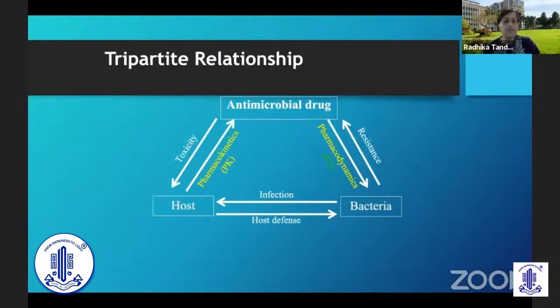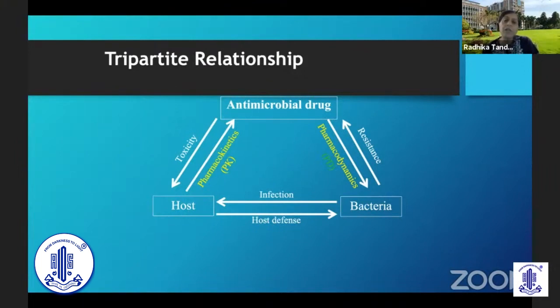So there's basically a tripartite relationship. You have the antimicrobial drug, which is going to work on the bacteria. And the relationship between the organism and the way it's killed by the antimicrobial agent is the pharmacodynamics. There's the bacteria which are interplaying with the host. There's the infection, and the host will try to counteract by its own defense mechanism.